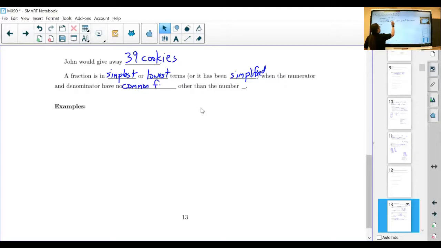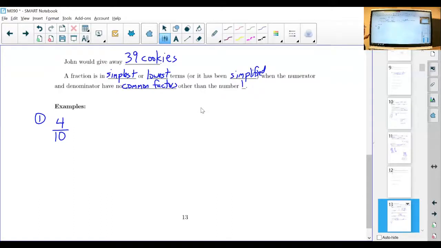In other words, we can't find something that goes into both of them except for the number 1. 1 goes into every whole number. So some examples, we have 4/10. Above I multiplied, here I'm going to divide because 4 and 10 have a common factor. Divide by that common factor, and I get 2/5.